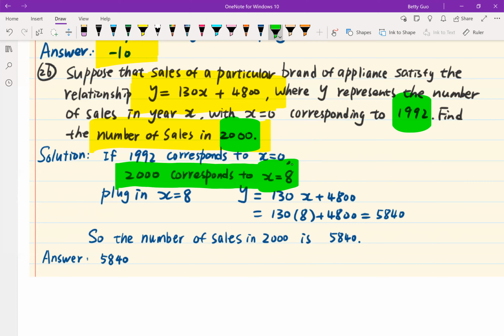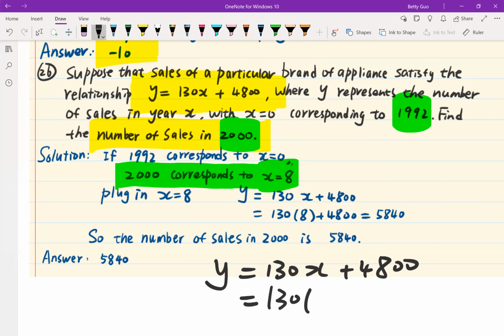So we want to find the number of sales in 2000, means we are looking for the y value as x is 8. So we're going to plug in x equals 8. The equation is y equals 130x plus 4800. We plug in x equals 8. You can use your calculator.